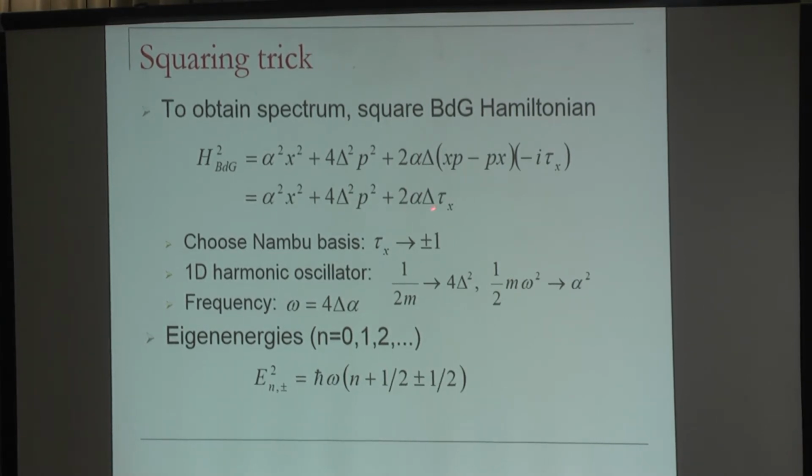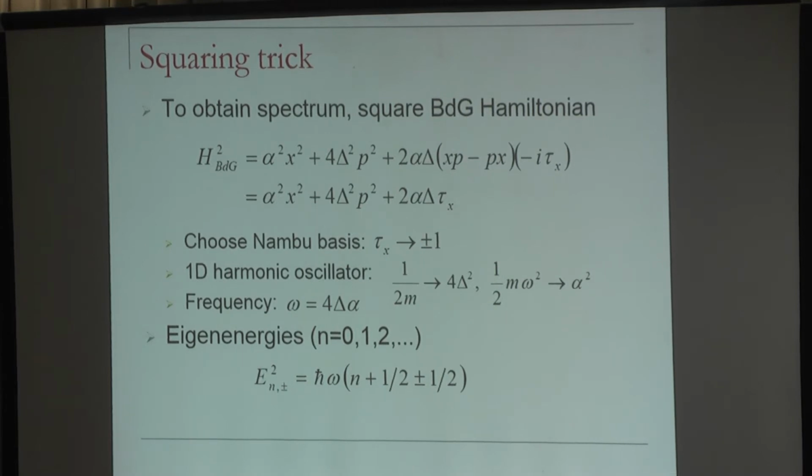Now this shift here is exactly half the frequency, and we have a plus or minus here. So the squared eigenenergies, E squared, are characterized by an integer index n, 0, 1, 2, and so on, and a plus or minus sign: h bar omega times n plus 1/2 plus or minus 1/2.